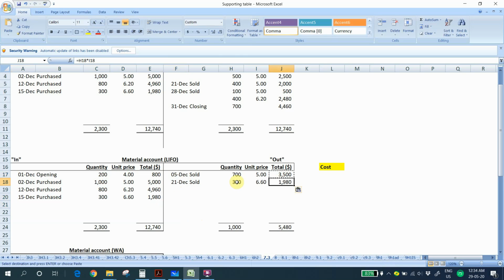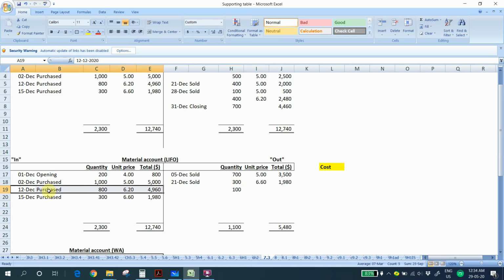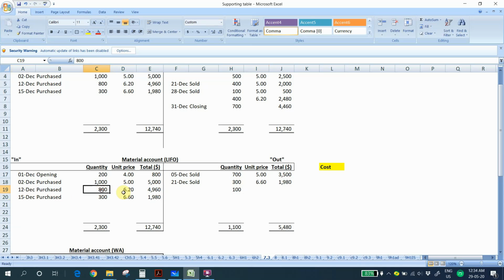Total value 1980. But this 300 is not enough to cope with our order. Our order is 400. So for another 100, we have to use the third batch, which is 800 units at the cost of $6.20 each. So we use this, and then the total is 620.